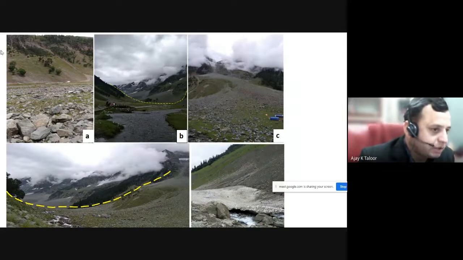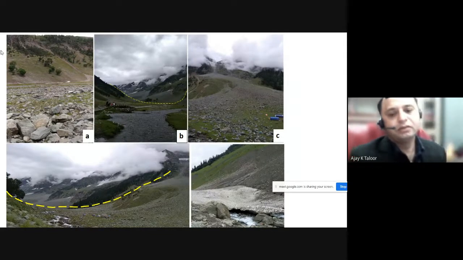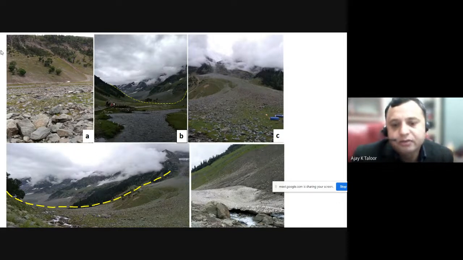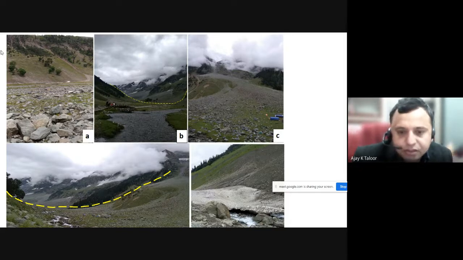Such kinds of temporal studies we have also done for the discharge of the rivers. From 2000 to 2020, we found that in some snow-fed rivers in the Zanskar Himalaya or the Kashmir Himalaya, the discharge of the river has increased by 2 to 7%. Some rivers have a 2% increase in discharge, some up to 7%.